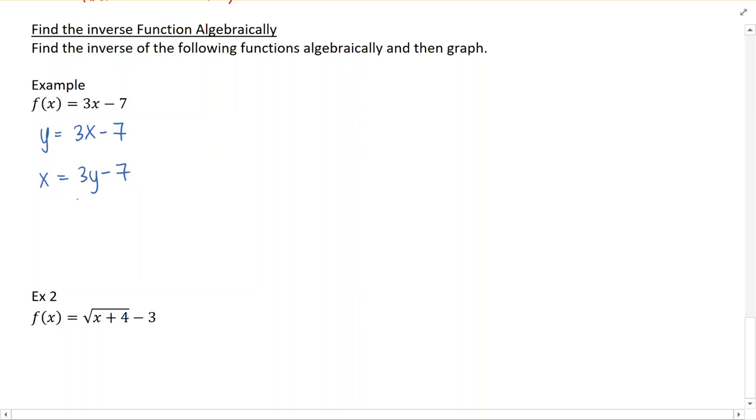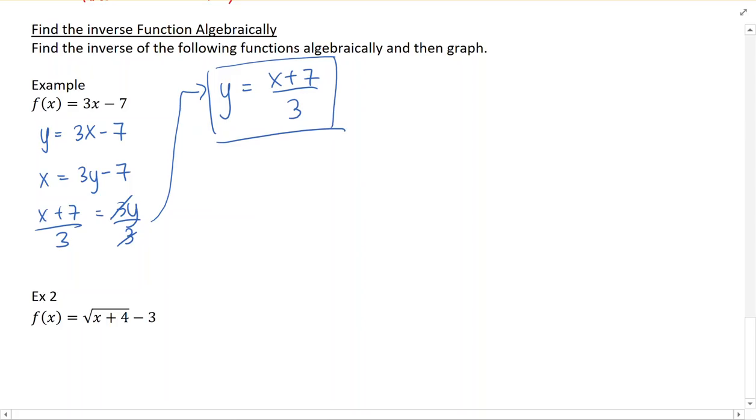Now you're just going to rearrange it and isolate the y by itself. So I'm going to move the 7 over, and then divide everything by 3. So y is by itself, the 3 cancels out, and you're left with y equals x plus 7 over 3. Here is the inverse function.